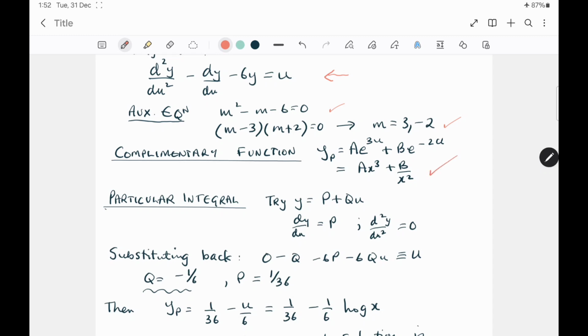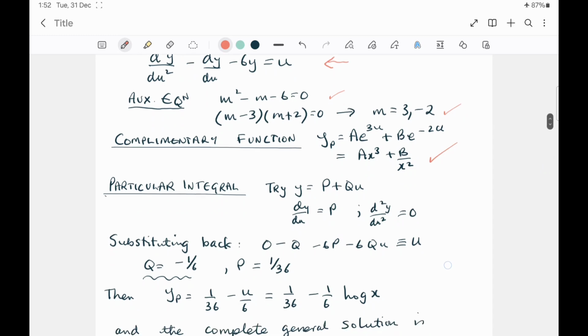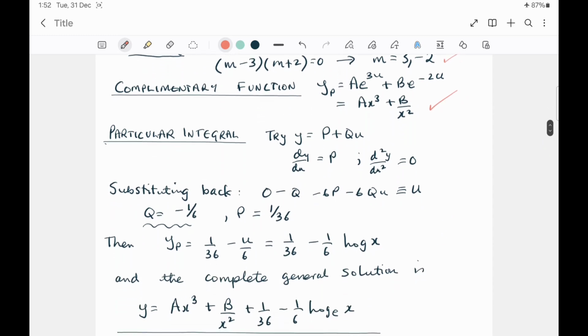We now come to the particular integral. This is usually where all the hard work is. Okay? In this particular one, we'll try y equals p plus qu, and then differentiating, dy/du is q, and d2y/du squared is 0.